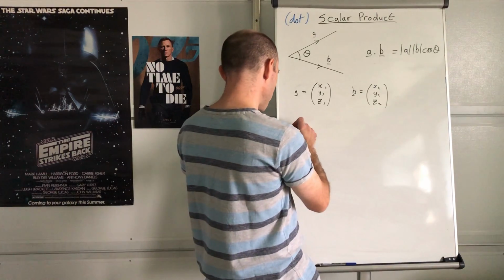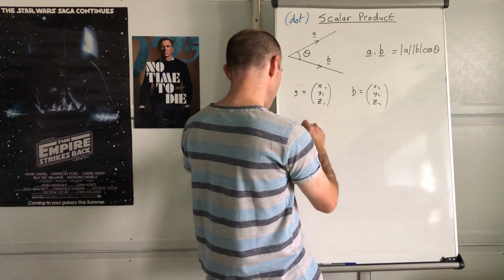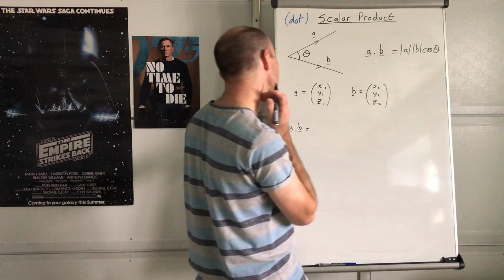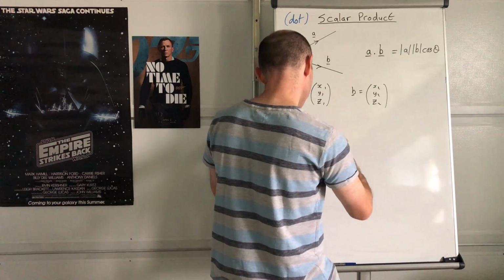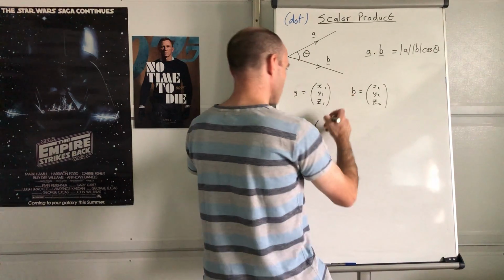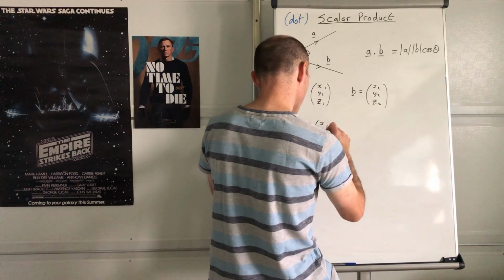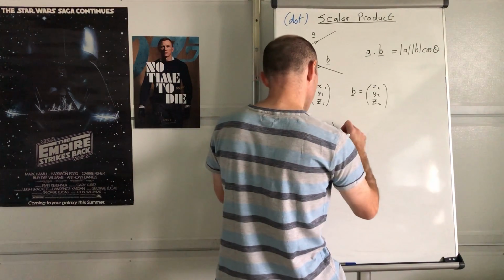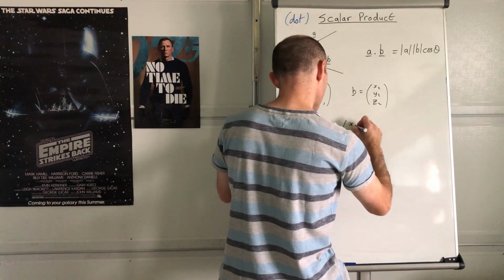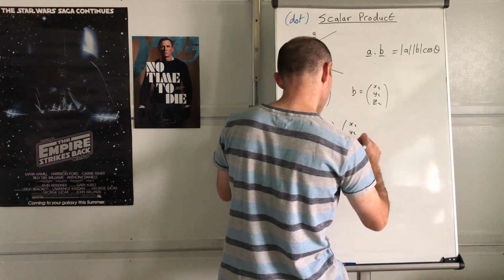Now the scalar product A dot B is also defined as x1, y1, z1 dot x2, y2, z2.